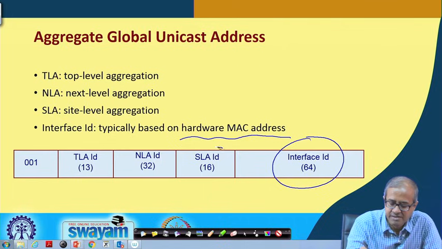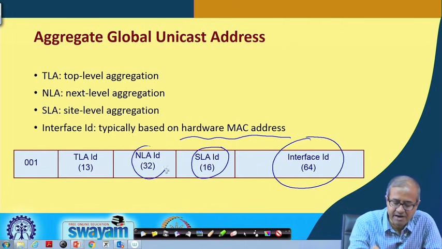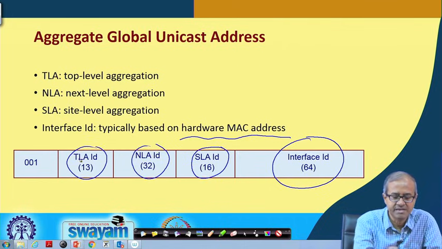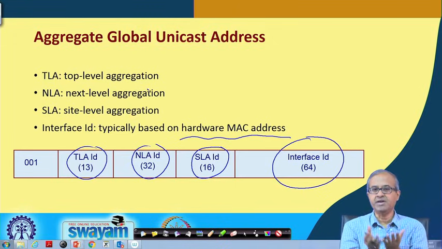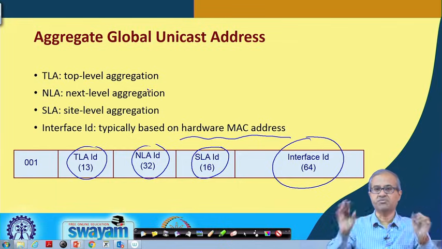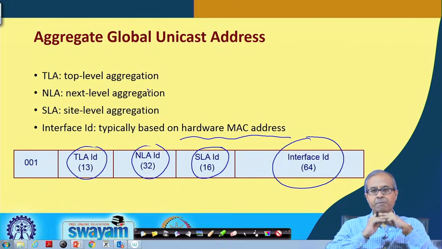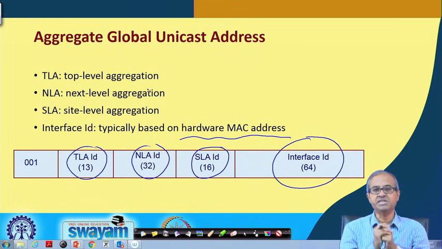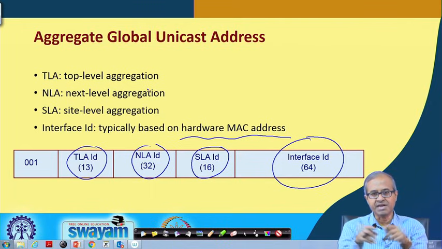And there are several other hierarchical fields: site level aggregation, next level aggregation, top level aggregation. What this means may depend from one place to another. At the top level it may indicate the country the network belongs to. The next level may indicate which internet service provider within that country is providing you the connection.